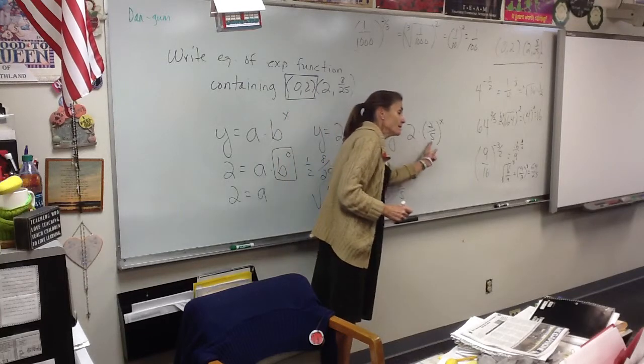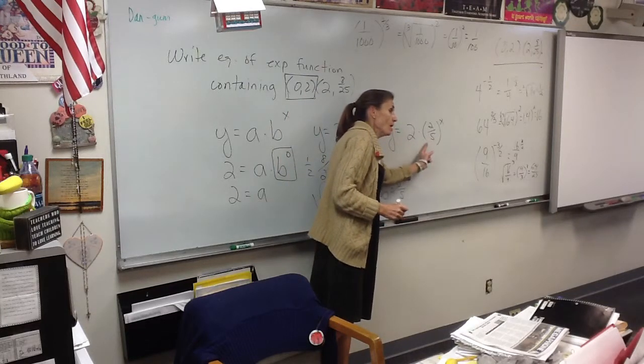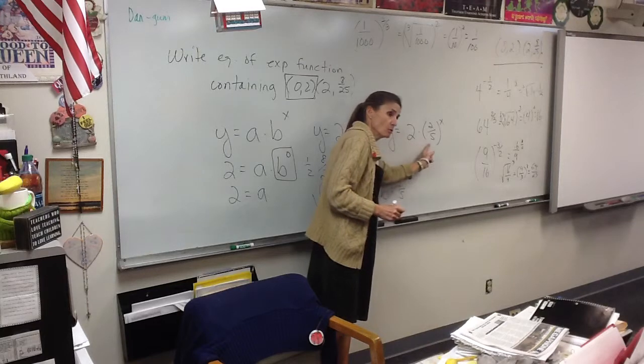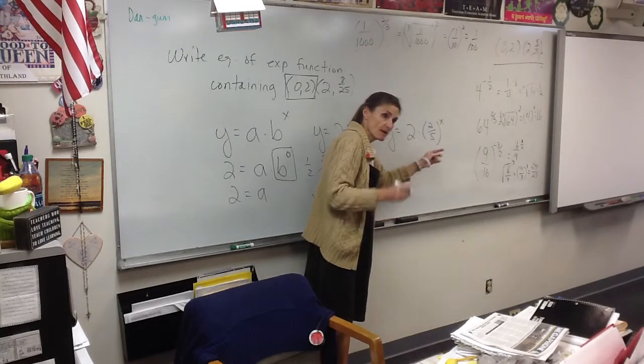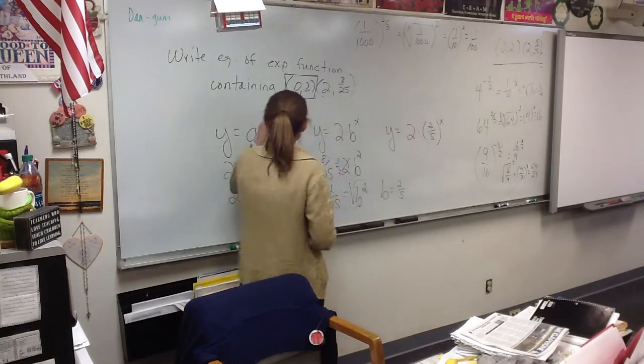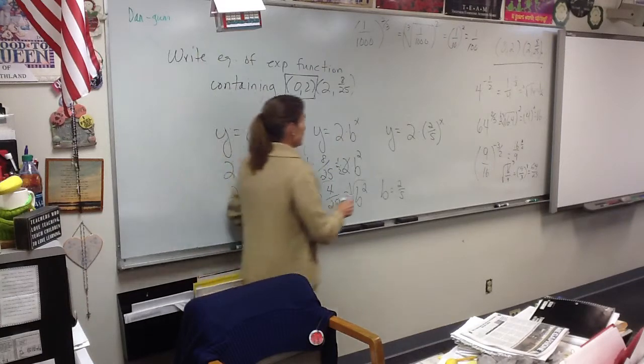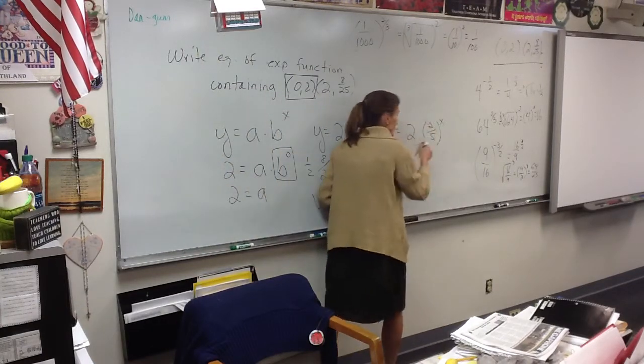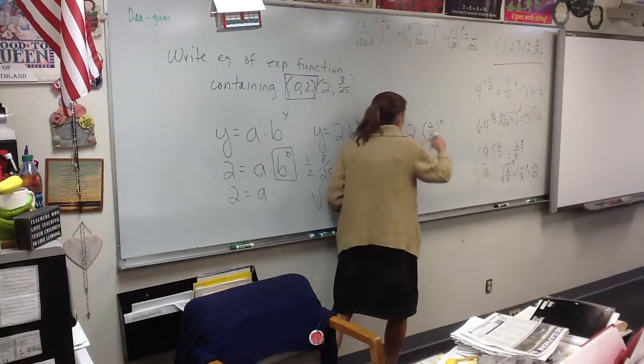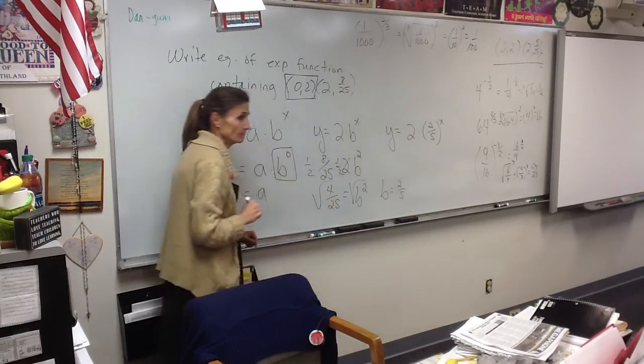Do not ever, under any circumstances, multiply these two numbers together. They are separate entities. It is an a and a b. The b has an exponent. The a does not. Do not combine those, ever.